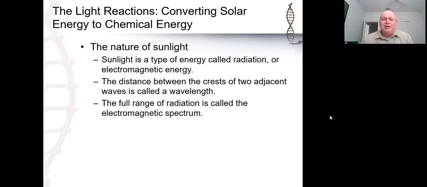So given that light energy is the source of energy for carrying out photosynthesis, we need to talk very briefly about what light actually is, because it's in understanding what light actually is that allows us to see how light energy can be used as a source of energy for driving photosynthesis. So the first thing to remember is that light is a small part of a larger spectrum of energy called electromagnetic radiation.